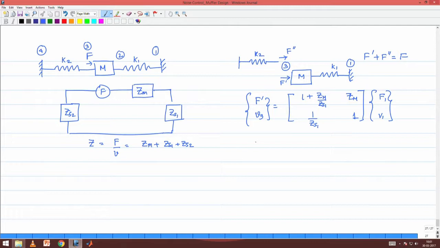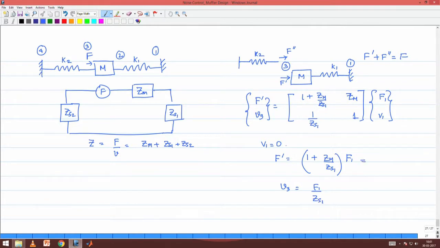We also know that now we have to impose the condition that V1 equals 0. So, that implies F prime is 1 plus Zm by Zs1 times F1, and V3 is F1 by Zs1.